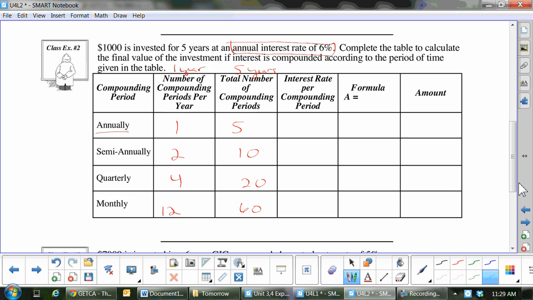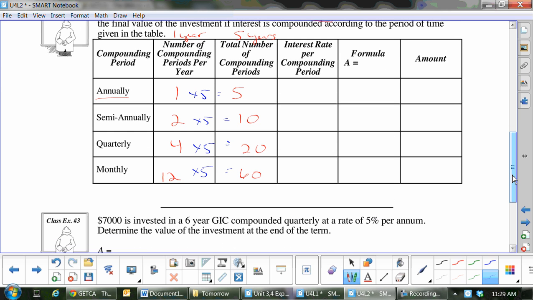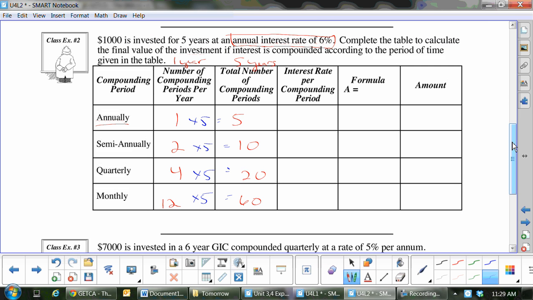Okay, if you take this and multiply by 5, this is important for you to see. Actually, I'm going to show you in the formula when we do that. Now, interest rate per compounding period. All you always do is you take your annual interest rate and divide by your compounding periods.